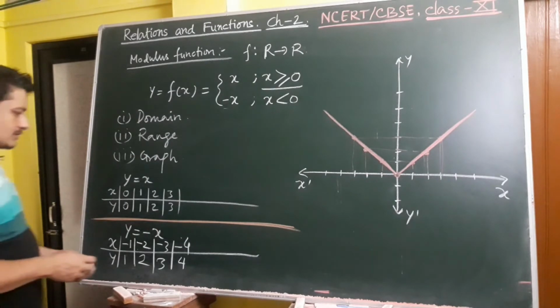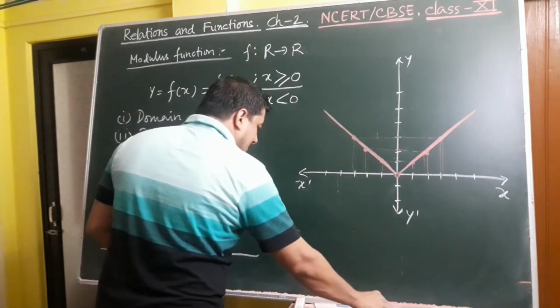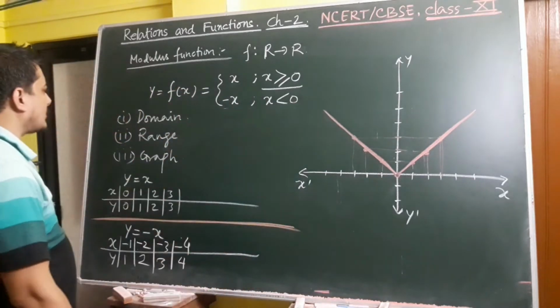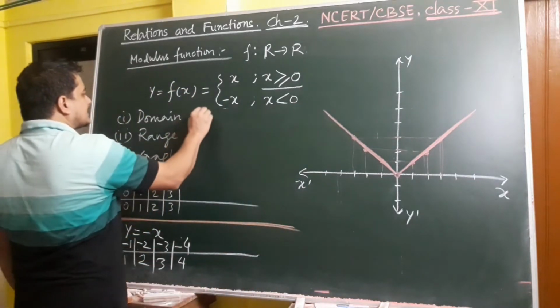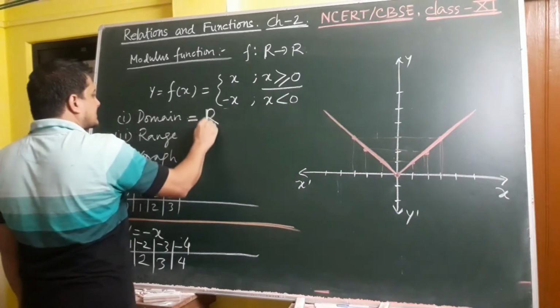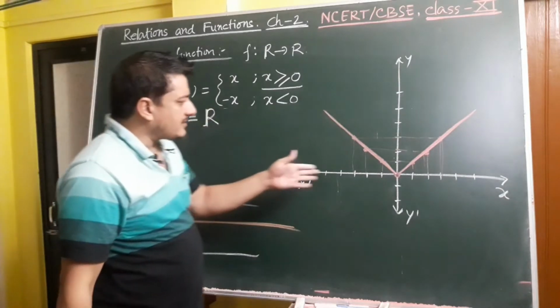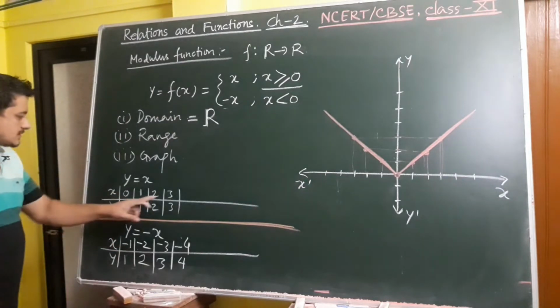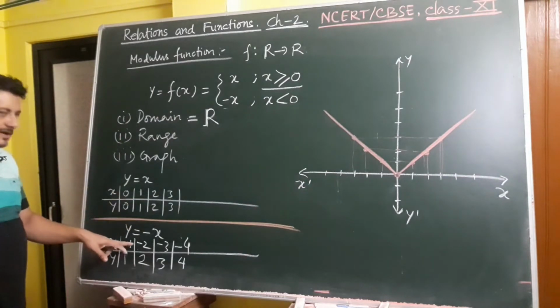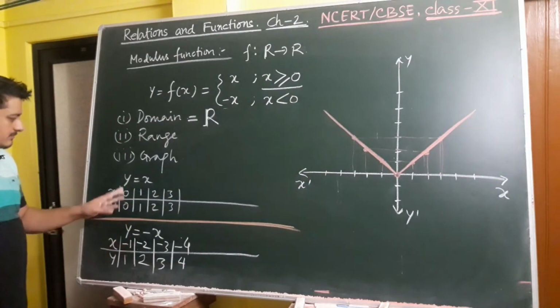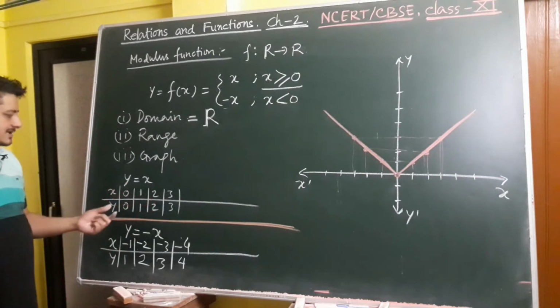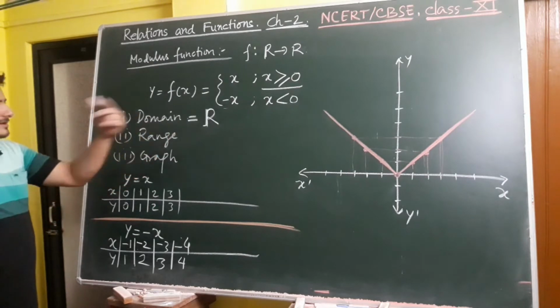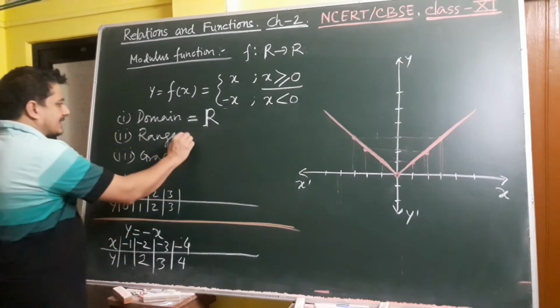Now what is the domain of this function? The domain of the modulus function is R. You can take any value of x, 0, 1, or any real number, but for our purpose we have taken only integers. So the domain can be any real number. Then what will be the range?